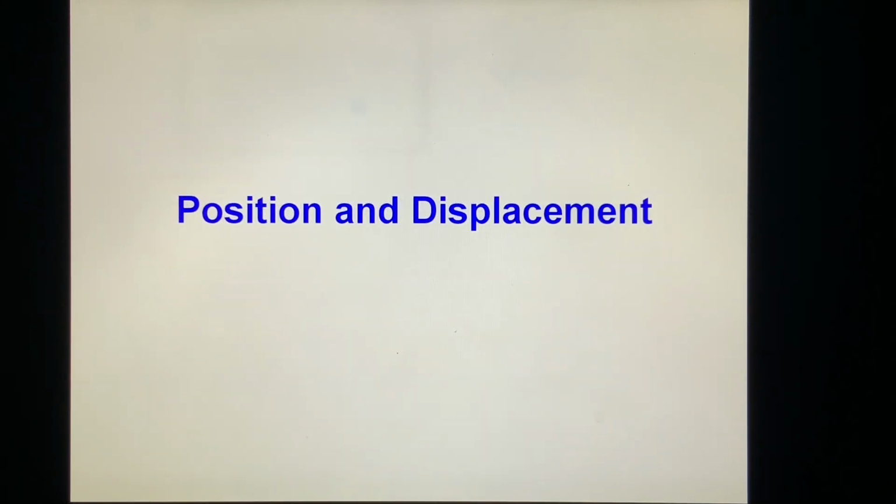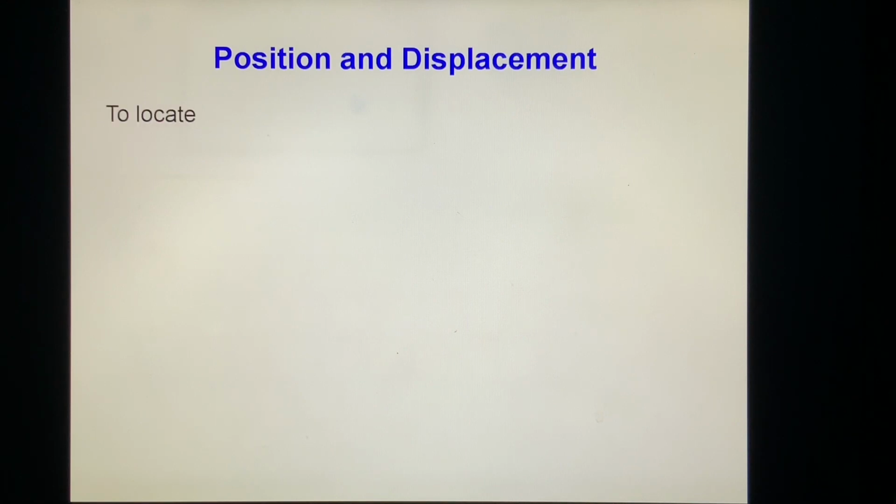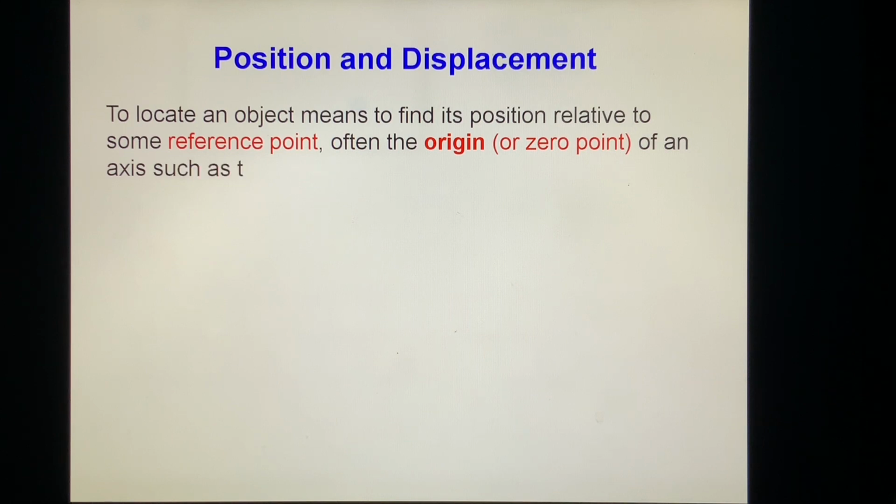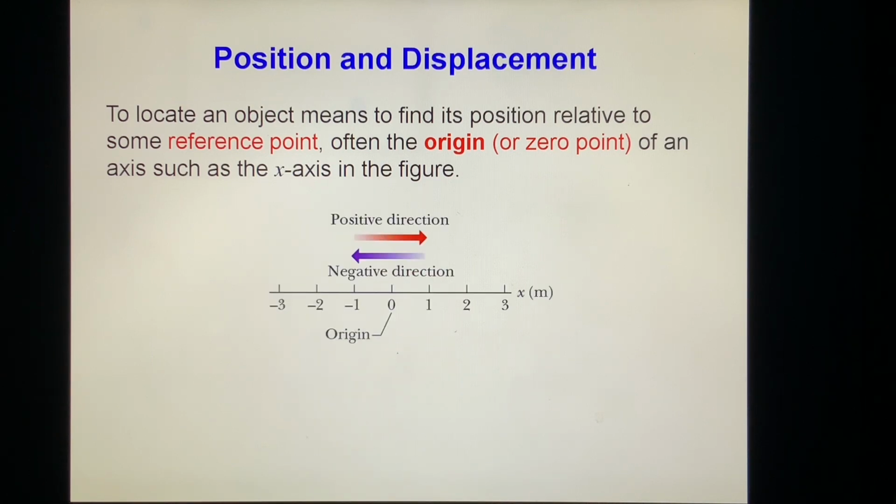Position and displacement. To locate an object means to find its position relative to some reference point, often the origin or 0 point of an axis, such as the x-axis in the figure. This is the reference frame, okay? This is the origin of the frame.